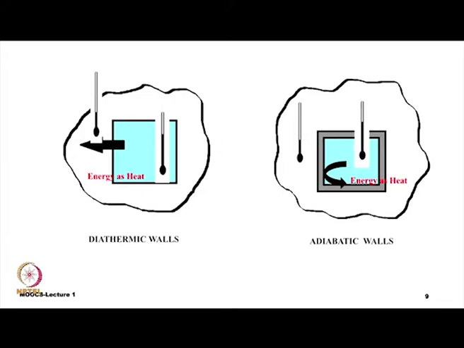Both types of walls have their own advantages. There are certain systems in which diathermic walls can be useful, and there are certain systems in which you require only adiabatic walls.